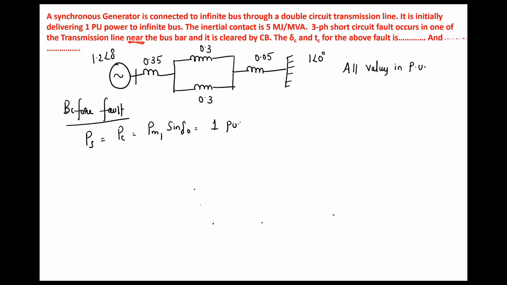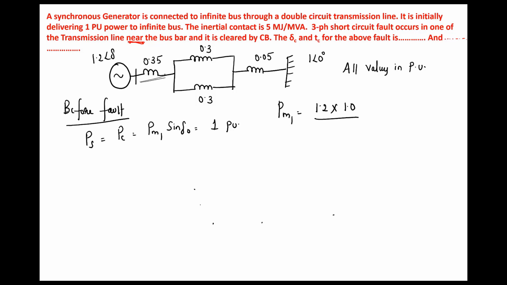Understand? So from this, if you calculate this delta naught value, for that first you need to calculate PM1. PM1 is the steady state stability limit. That is maximum power that can be transferred before fault. This value you can get as sending end voltage magnitude, receiving end voltage magnitude divided by what is the transfer reactance?